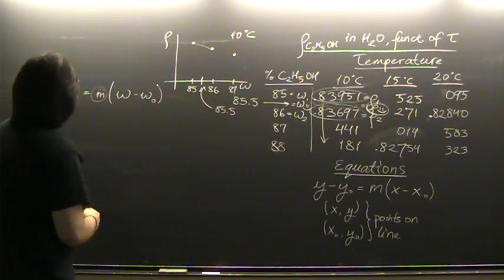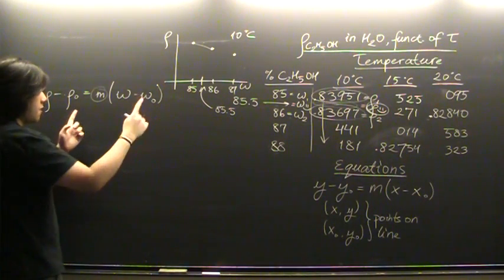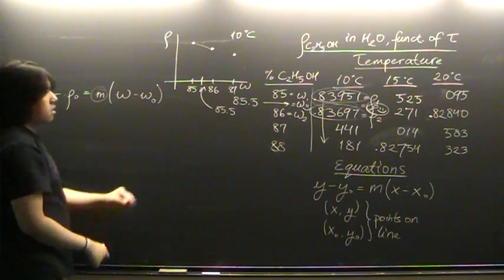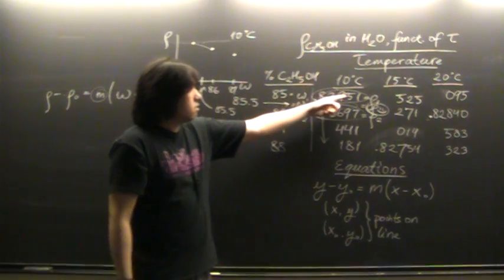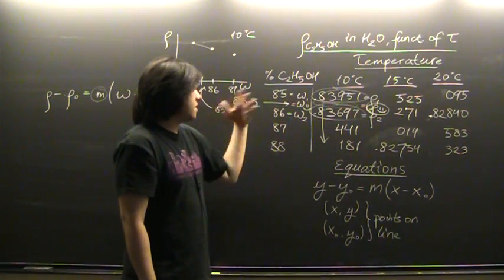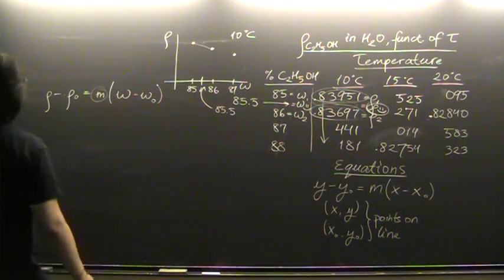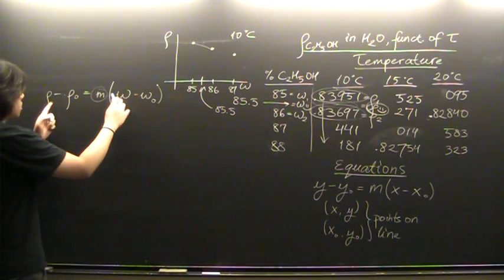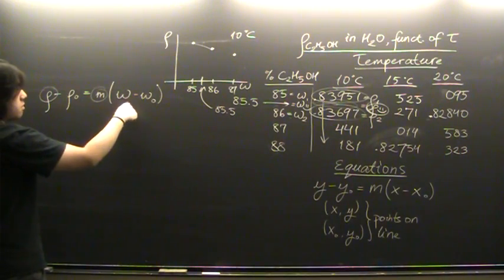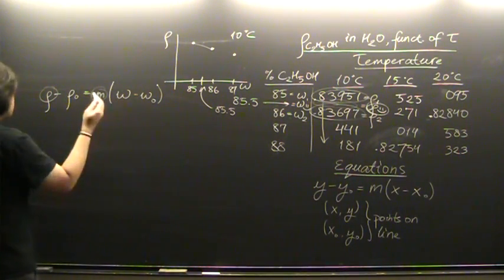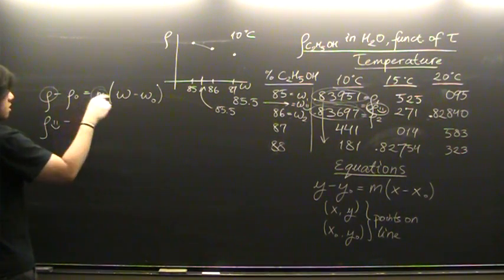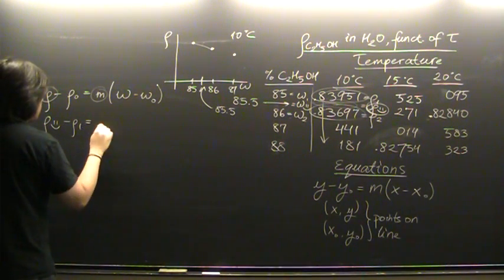Cool. So we have a given point that we can input here. We can take either the point w1, rho 1 or w2, rho 2. For the sake of this, let's just choose 1 because 1 is easier to write. Since we want to get this value over here, we can input w smiley face for this guy. So if we rewrite this, rho smiley face minus rho 1 is going to be equal to the slope.